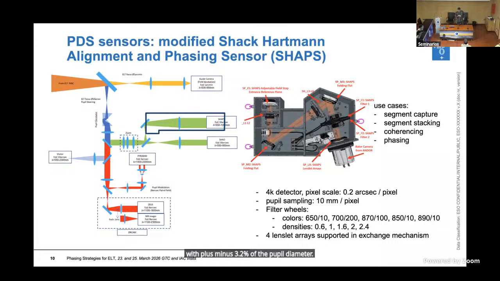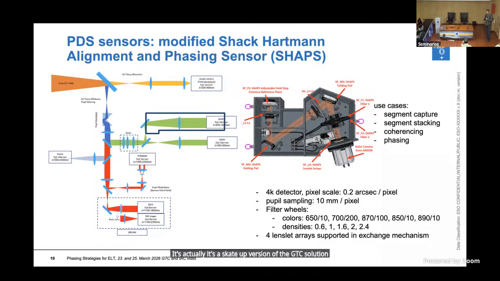The Shaps sensor looks like so. It is co-located in the visible part, parallel to Shao, which is the Shack-Hartmann of the adaptive optics sensor. In Shaps, we use that for segment capture, segment stacking, coherencing, and phasing. Actually, it's a scaled-up version of the GTC solution.